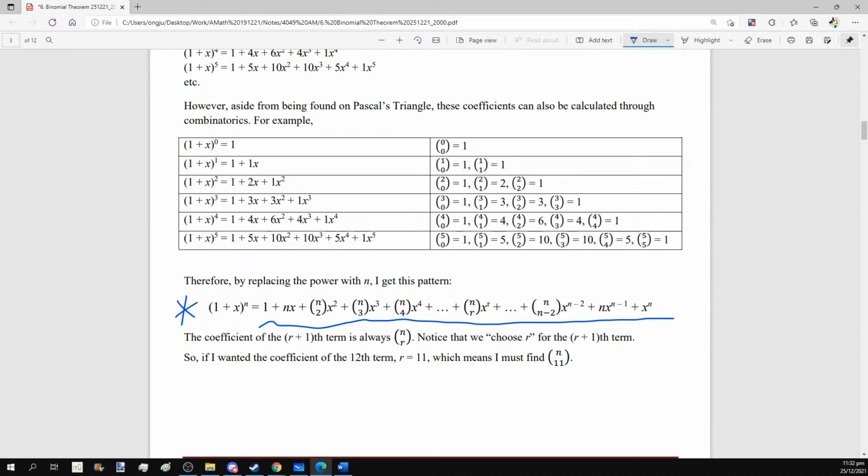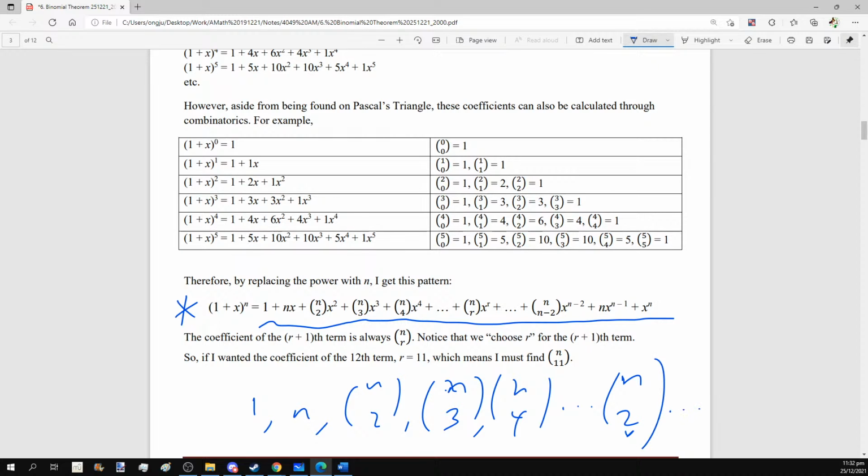The coefficients will be 1, n choose 1, n choose 2, n choose 3, n choose 4, all the way until the end. And of course the last one will simply be n choose n, which is 1.